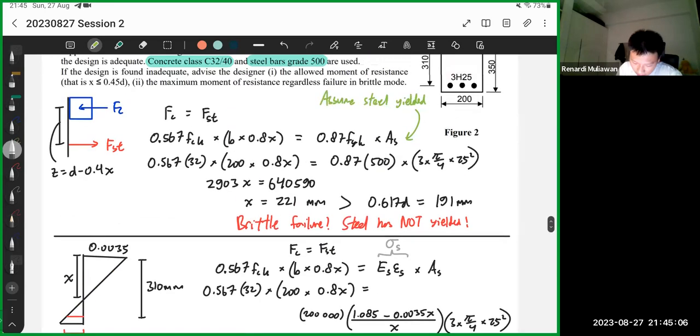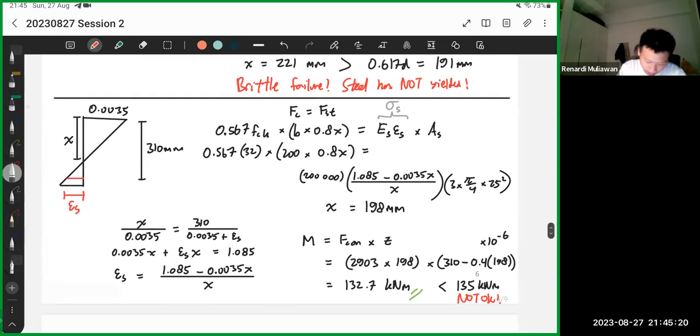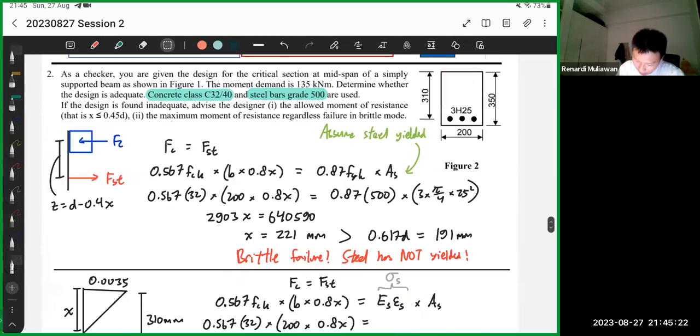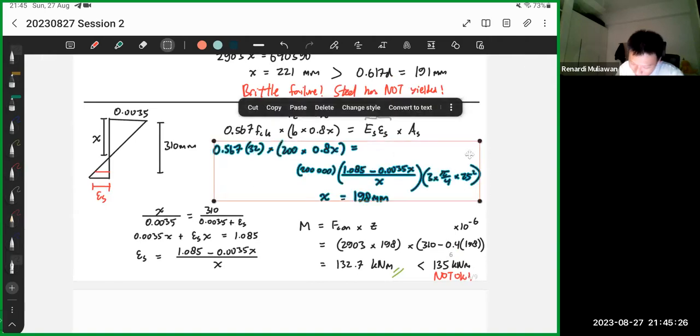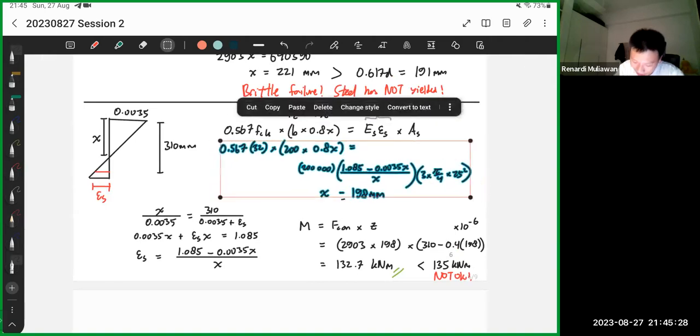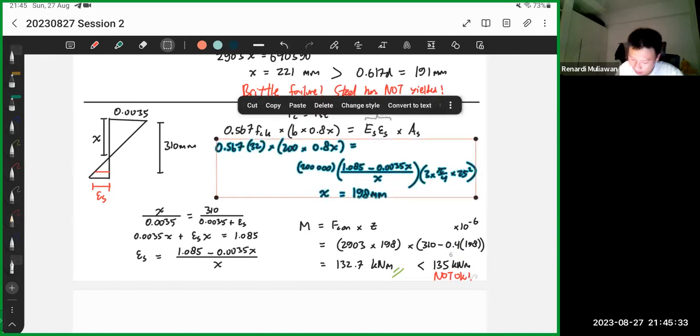This one is 135, so it's still less than 135. So not okay at all. It's a brittle failure and it doesn't meet the moment capacity. So no, not okay. Any questions so far? This might be the most confusing part. This is the hardest part, basically. If you understand this, you can understand columns already, because it's just the same thing.